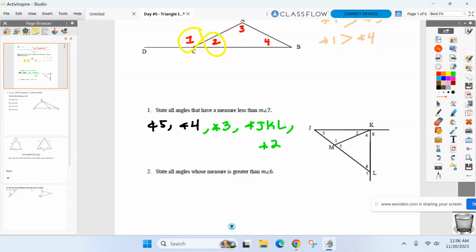Right, 1 and 2. Oh, shoot. 6. Wait. So we got 1. Nothing else goes off except 7.